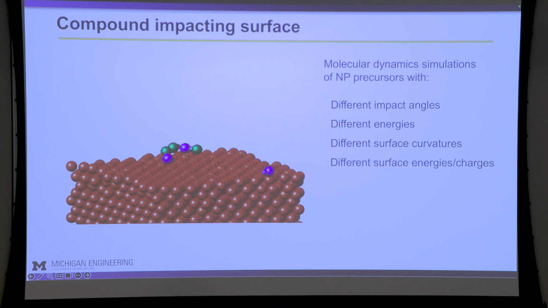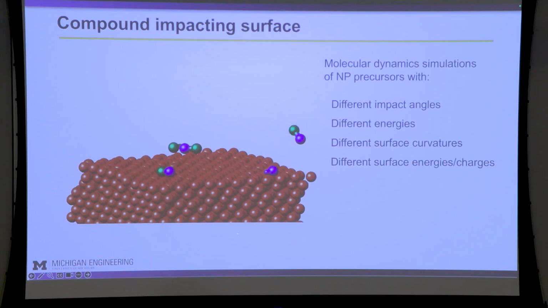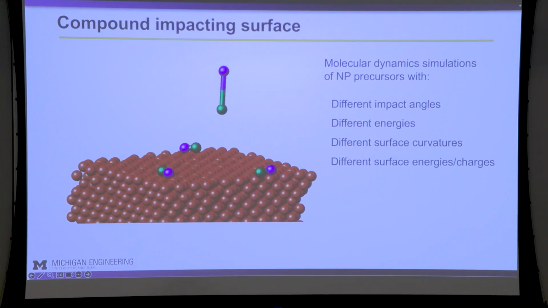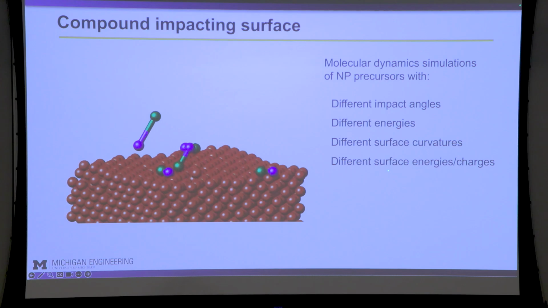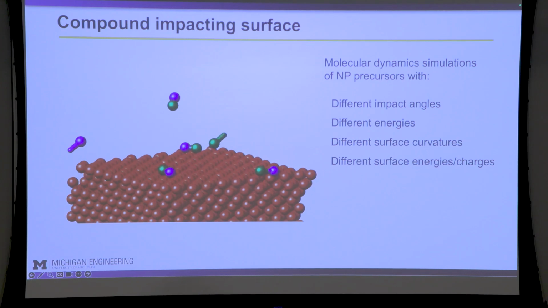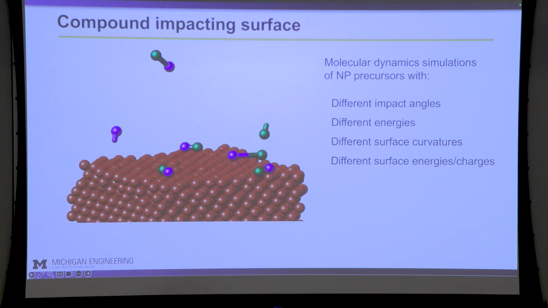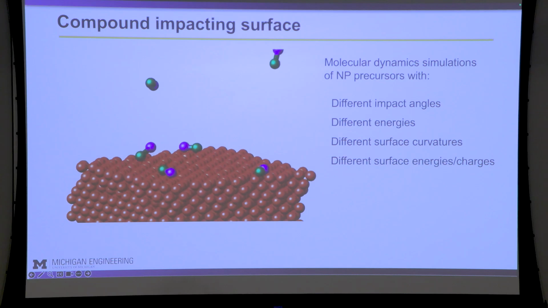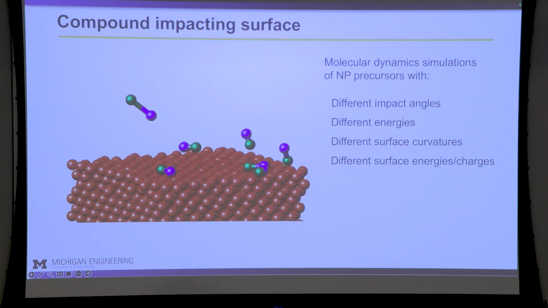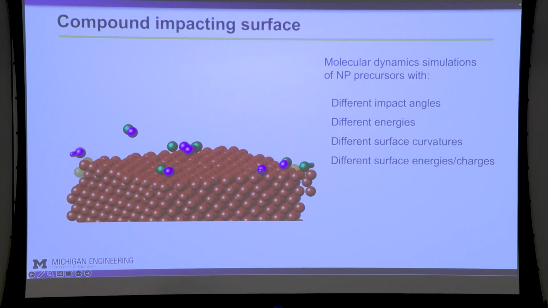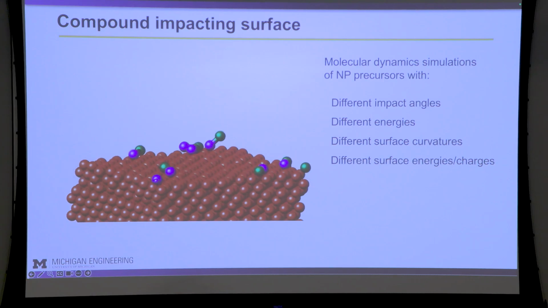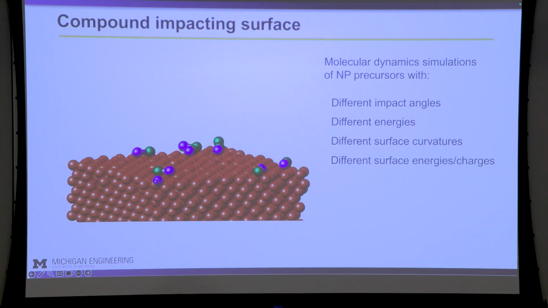Those molecules can have a different impact angle, which will impact the collision. They can have different energy coming in. Some are too fast, and so they'll bounce back. Others are slower, so maybe they will sit on the surface. You can have different surface curvature, and different surface energy and charges also on those structures.